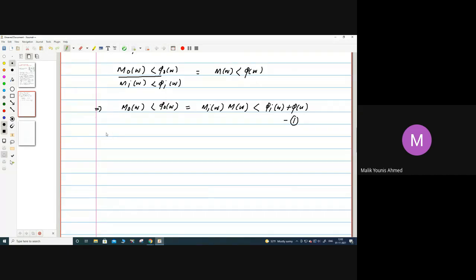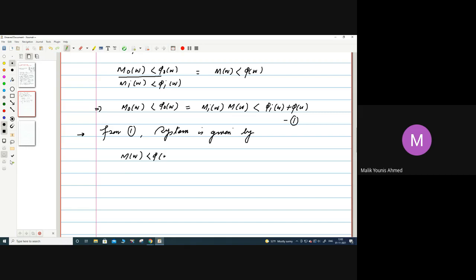Okay. Now, from the equation we can see that the system is given by M of omega at an angle of phi of omega.